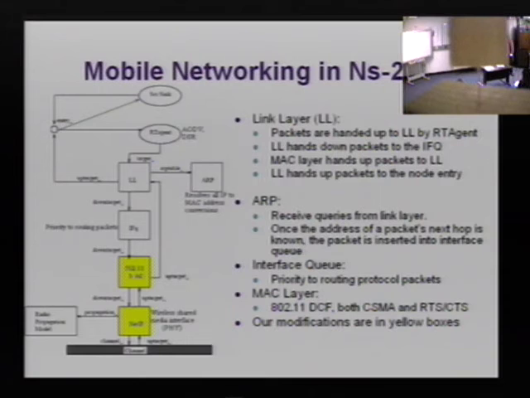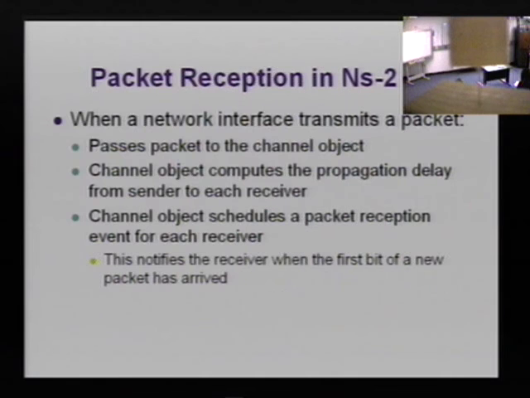This is the actual PHY layer in the code. Channel is not actually doing any physical layer manipulations. So channel actually does, when a network interface transmits a packet, it's passed on to the channel object.